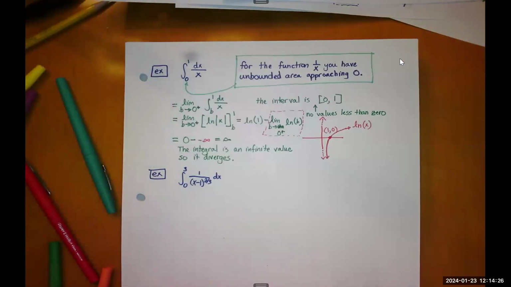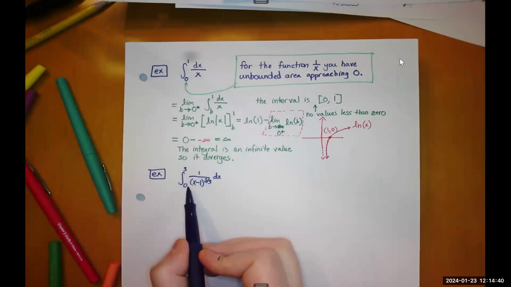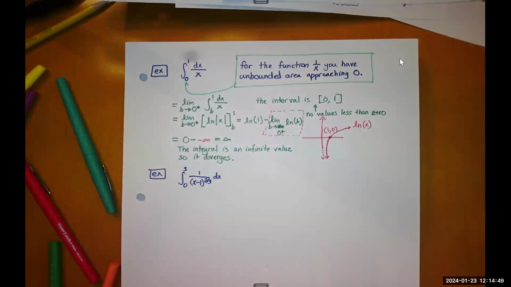So we have another function, and this one is interesting because the left endpoint is not an issue. We can approach 0 from the right. It's perfectly fine. We can approach 3 from the left. That's perfectly fine. Neither of these limits of integration are a problem.